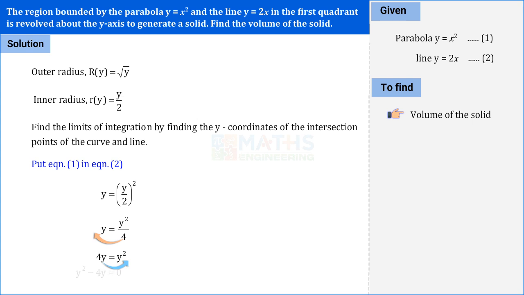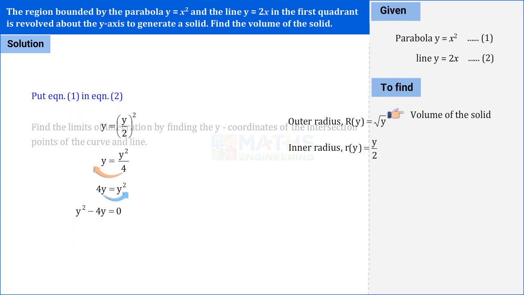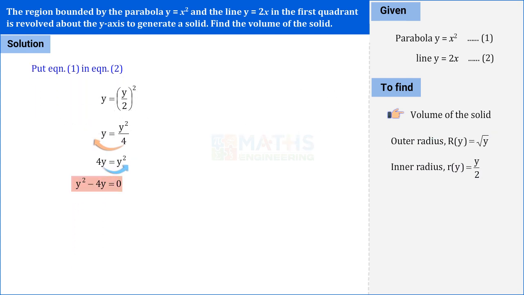Then we bring y square to the left hand side. What is common now? Y is common. So we have y into y minus 4 is equal to 0. From this what do we get? We get y is equal to 0 and 4. Therefore the limit of y varies from 0 to 4.